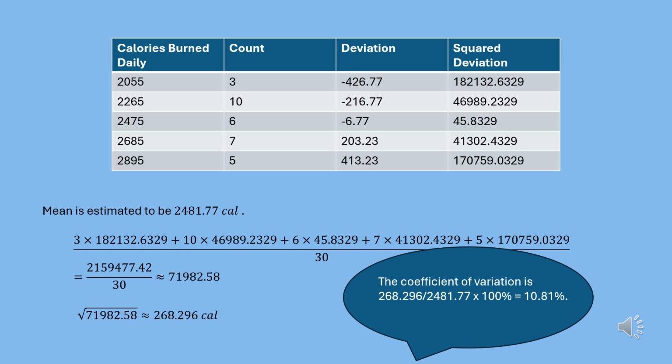We're trying to find the standard deviation, so we average the squared differences. So take the square of those deviations, and that's where we get the 182,132 and the 46,989, etc. So we want to average those squared deviations, but 3 of them are the first one, and 10 of them are 46,989, and 6 of them are 45.8329, and 7 of them are 41,302, and 5 of them are 170,759.